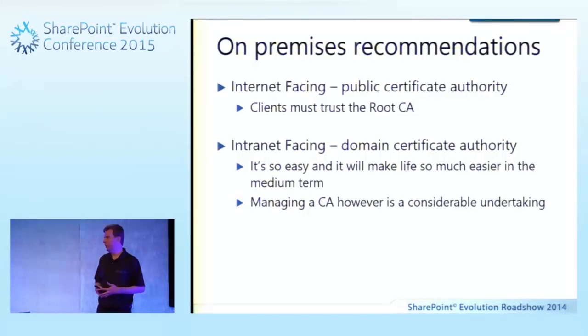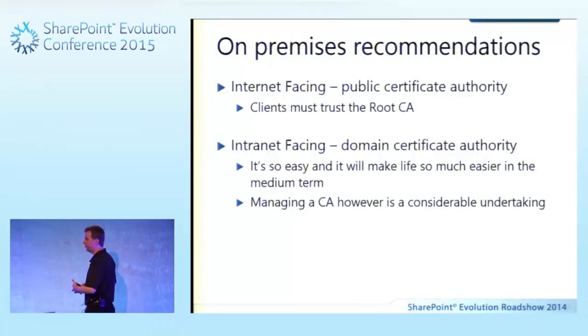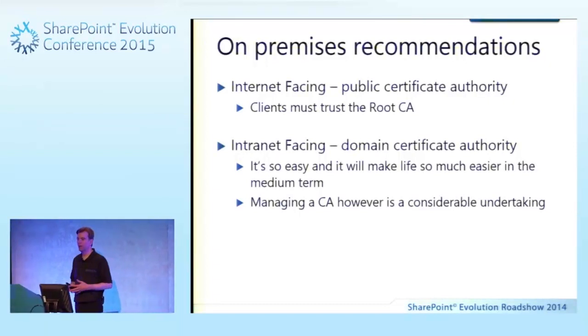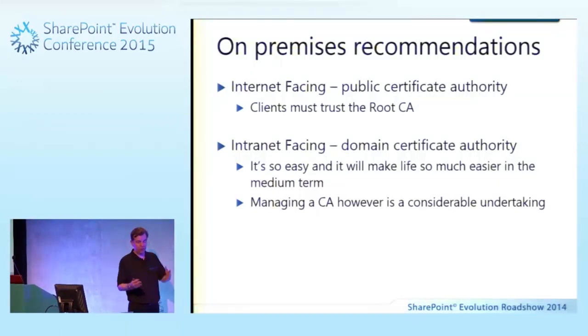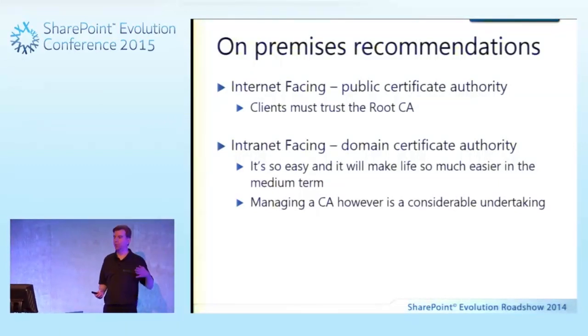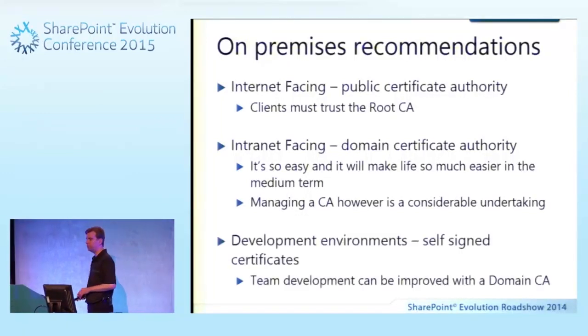You don't want to just deploy a CA for SharePoint. There are other considerations there in terms of protecting, especially the root certificate that you use to base your CA on. But it will make everything so much easier going forward. And remember, we're talking about SharePoint now, but it will be the same types of approaches for all of the other application services that are coming down the line.